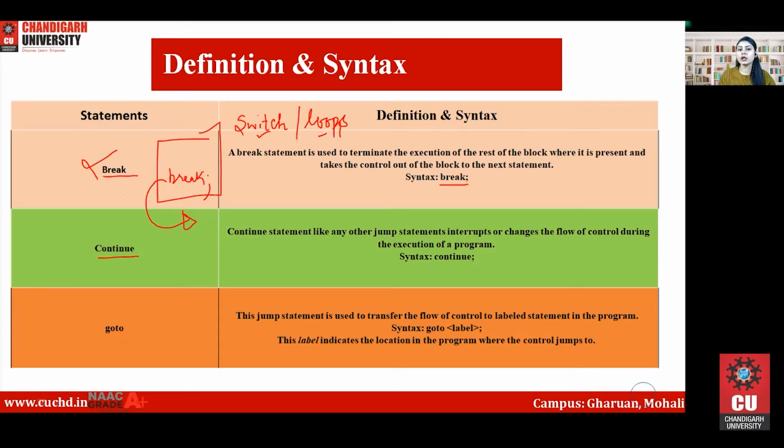All right, then let's talk about continue. Continue is the opposite of break. It is also a jumping statement. What it is going to do is, let's suppose you are using a continue statement inside a block of code, provided this block of code is a loop, that means continue can be used only with loops. I cannot use it anywhere else.